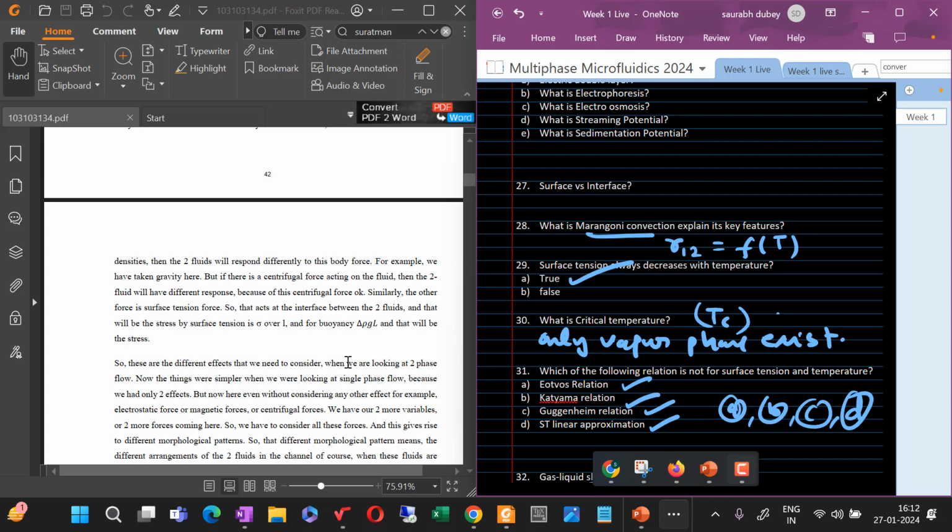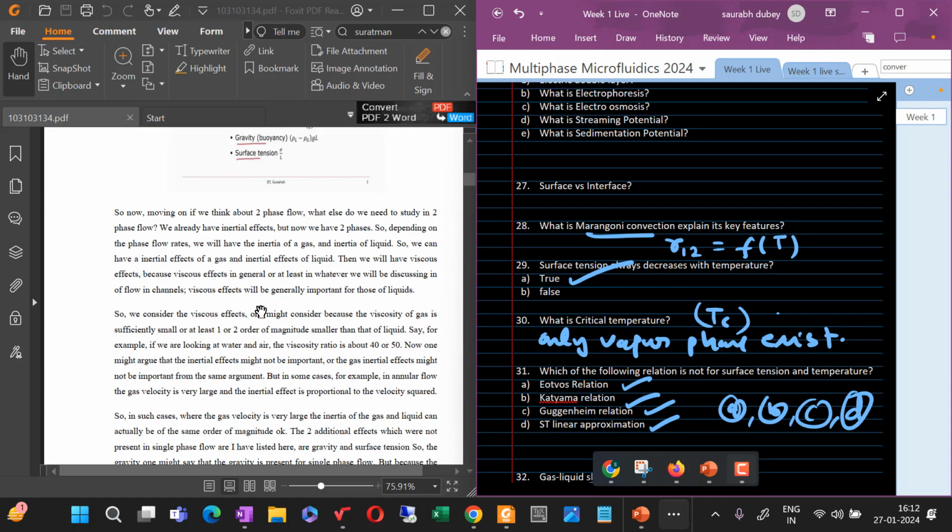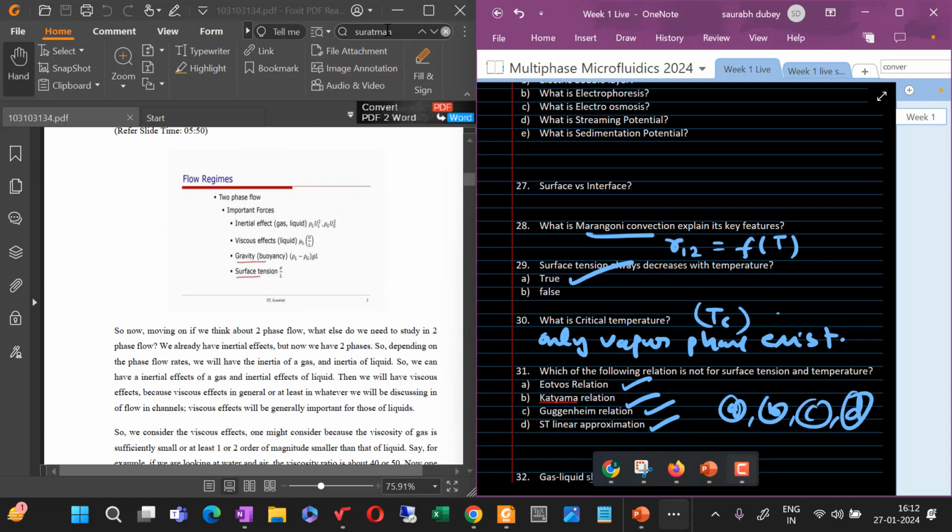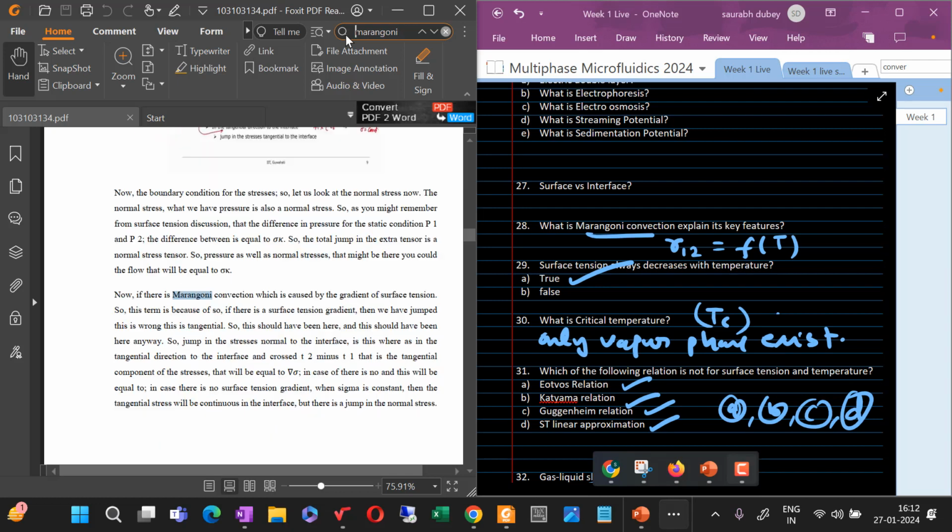So in Marangoni convection, when the surface tension is a function of temperature, then there will be an instability coming up in the fluid, so there will be a flow structure coming up. The Marangoni convection is caused by the gradient in the surface tension.